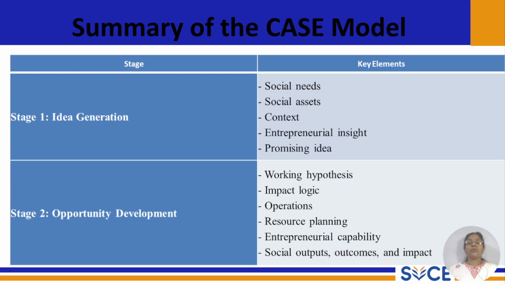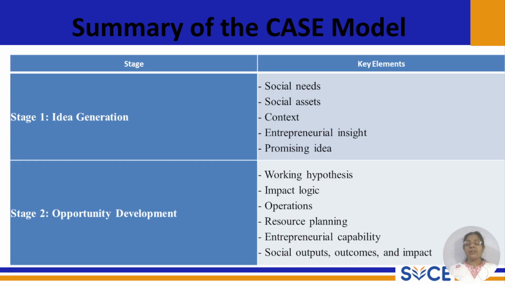So, this is the summary of the case model, the two-stage model. Stage one is idea generation. We need to identify the social needs, assess the social assets, understand the context, understand the capabilities of entrepreneurs, and it should be a promising idea. Next one is opportunity development.